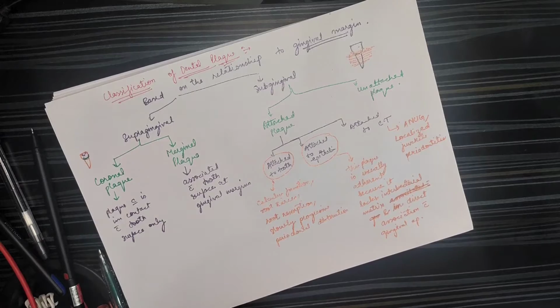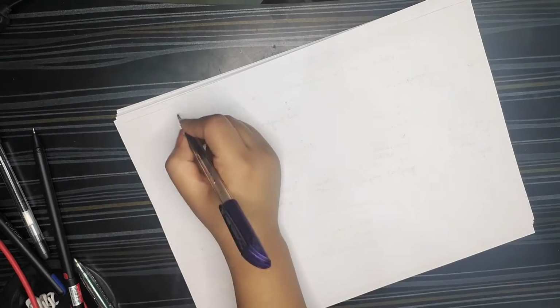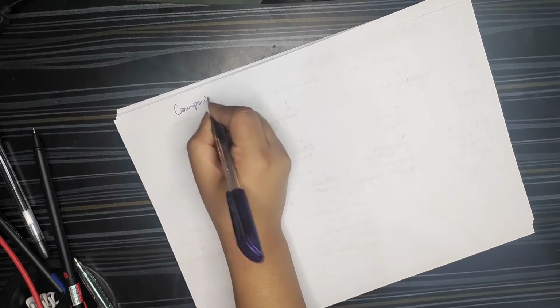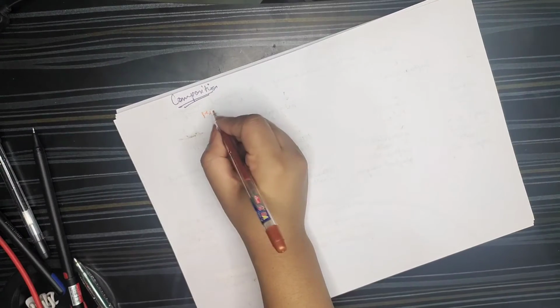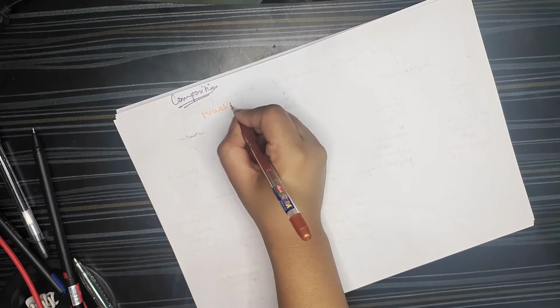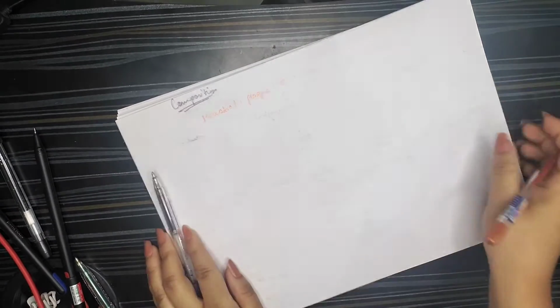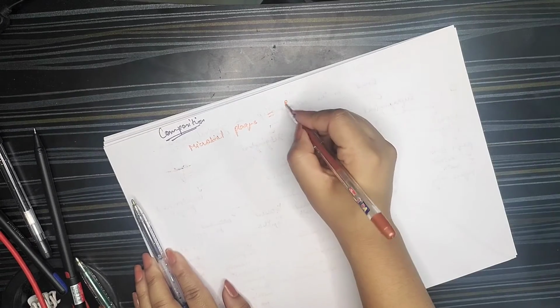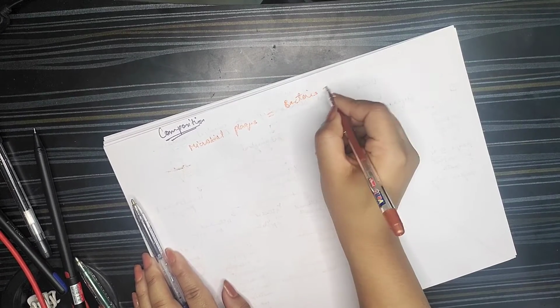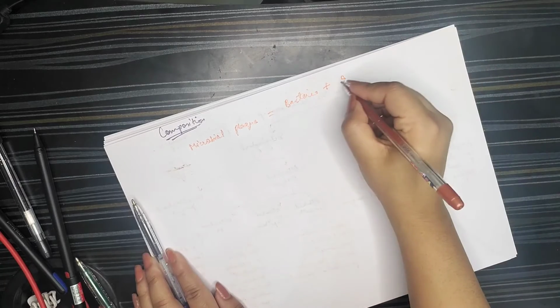Now one more thing I want to tell you is the composition of dental plaque. Microbial plaque is bacteria plus intercellular matrix.